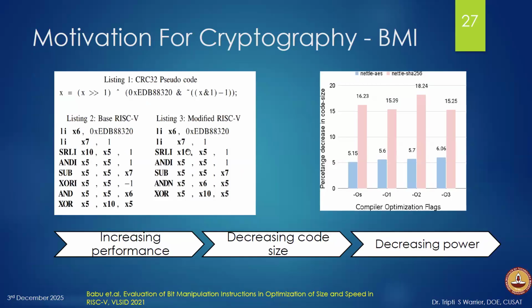What I want to highlight is there is a size decrease. This is the C code that is executing, with listing using RV32I and then RV32I with the Zb instructions. So we see that there is at least one instruction decrease in the resulting code. That decrease in code is actually related to a decrease in the code size of the program.